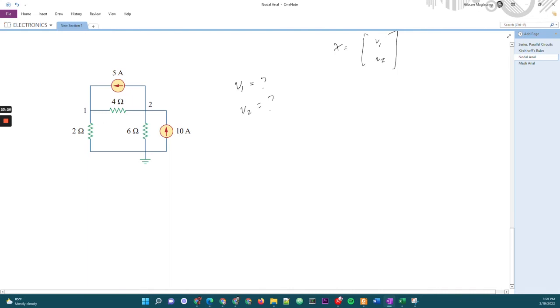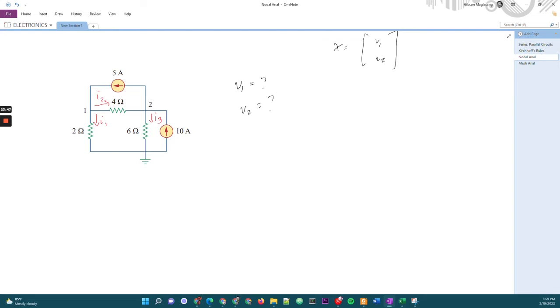So we will have to, let's say this is I1, and then this is I2, and then this I3. Okay, we need more of them, right? So yeah, we've set up the following currents.